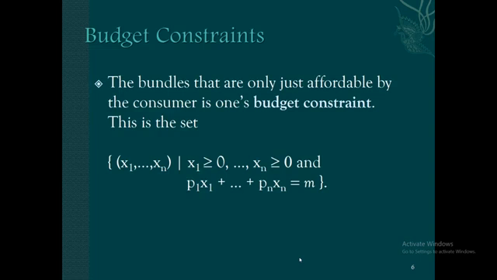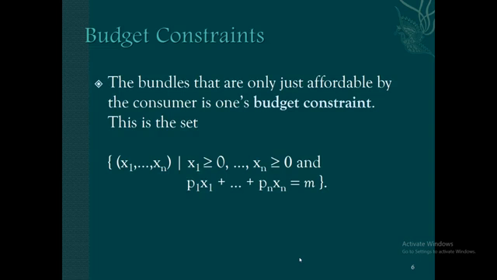If you have a value of x1 which is greater than 0, then definitely there is a price which is also greater than 0. If it is 0, then your price is 0. If there is no value for the commodity, you will never pay any amount for it.